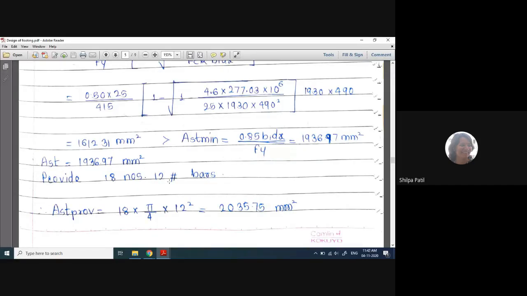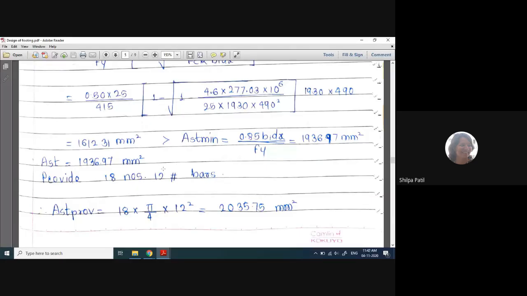In design of beam, we assume the diameter of the bar and then total area divided by area of the single bar. That gives us the number of bars. In column, we did exactly opposite. We consider number of bars and then we calculate the diameter required. So this is done as per the beams.